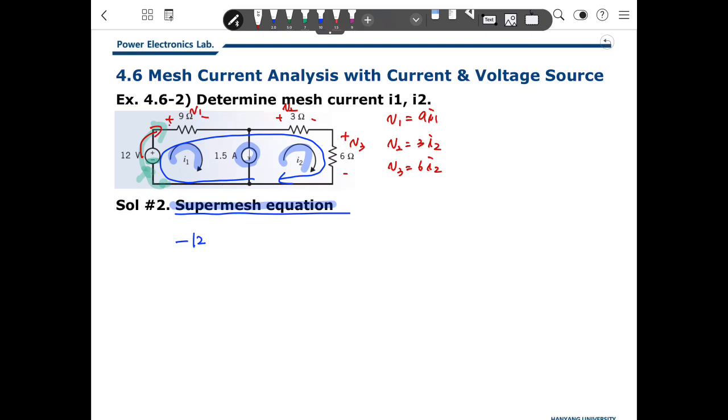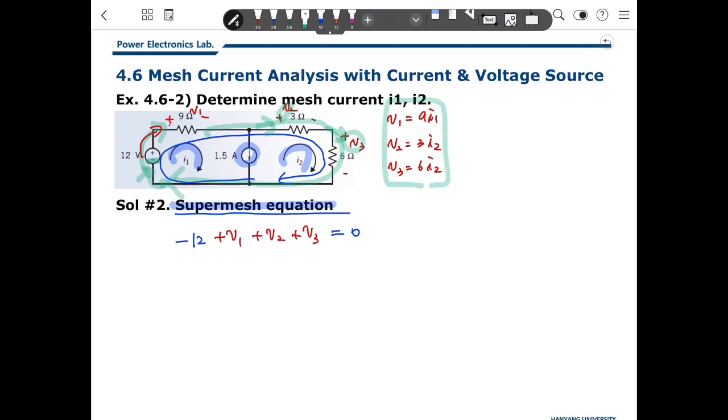So we meet plus V1, and we meet plus V2, and we meet plus V3, and we meet the starting point. So there will be 0.